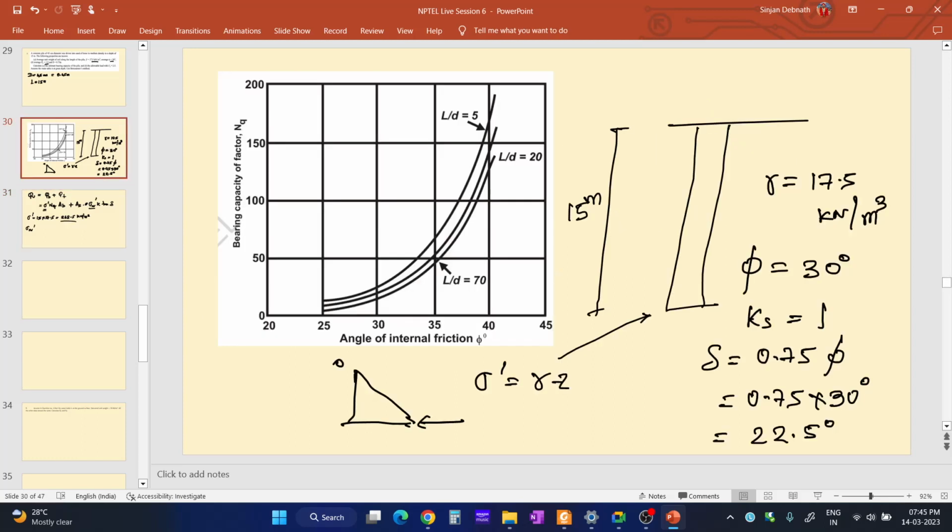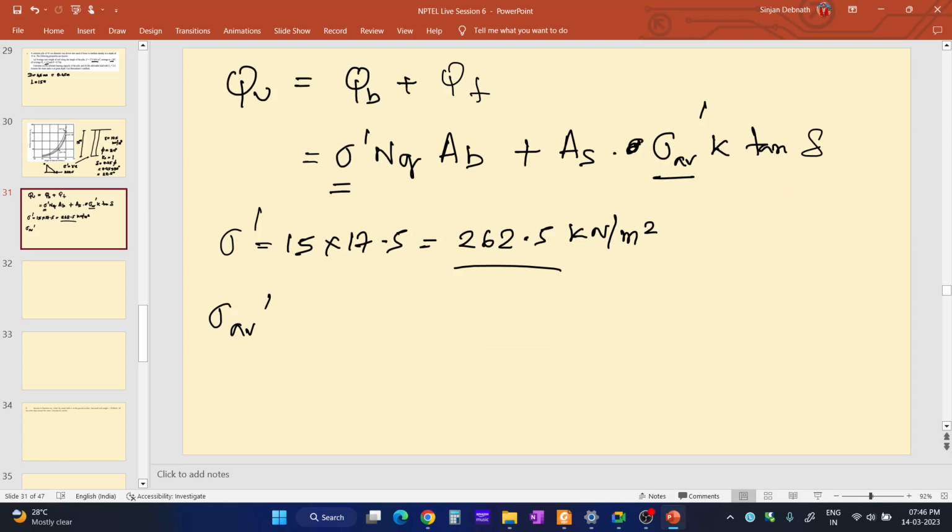So what is the average? 0 plus 262.5 by 2. We have done like this in the earlier problem. So sigma effective average, the effective average overburden pressure, is 0 plus 262.5 by 2, and this comes out to be 131.25, half of 262.5, 131.25 kilonewton per meter square.